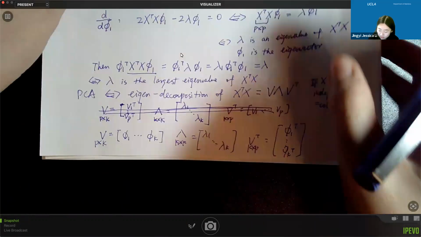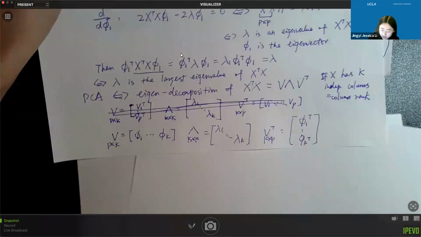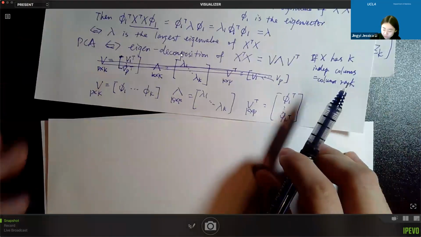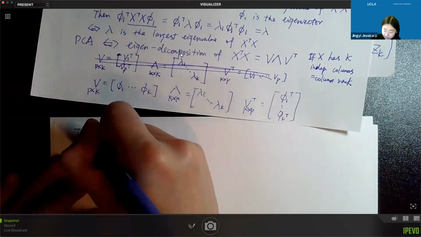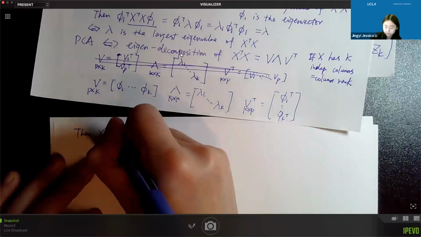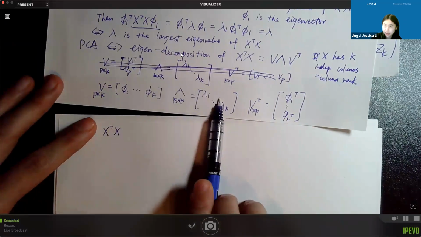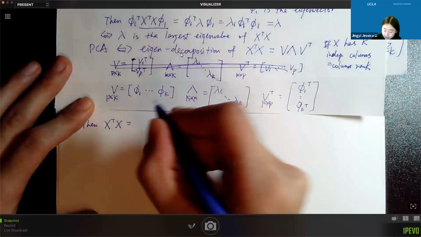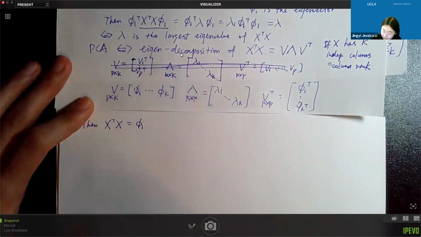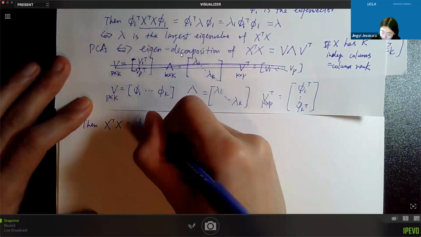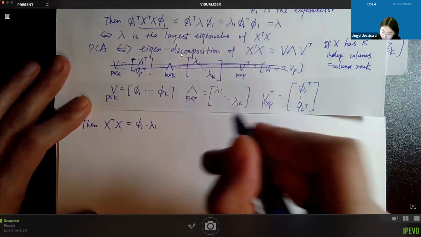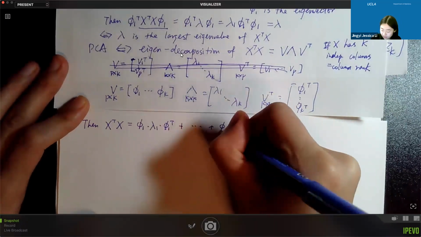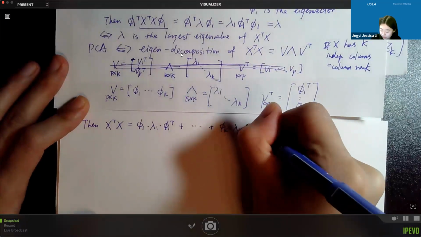And then you see by matrix multiplication, when I do V times a diagonal matrix lambda times V transpose, I would have X transpose X. This will be something very interesting for a diagonal matrix. It's like these are weights of inner products. I will basically have phi 1 times lambda 1 times phi 1 transpose plus up to phi K times lambda K times phi K transpose.